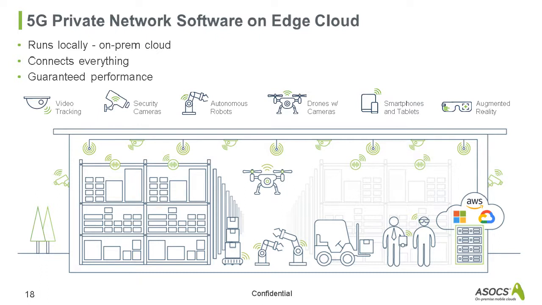And the way the software for the 5G RAN and core is deployed, we are seeing a great demand for deployment on edge cloud systems such as Azure Stack Edge or Amazon Outposts. We are seeing, of course, other implementations in, let's call it, more classical IT under companies such as VMware or Red Hat. So the way that you build and implement the 5G private network is a key factor in the success of these integrations.